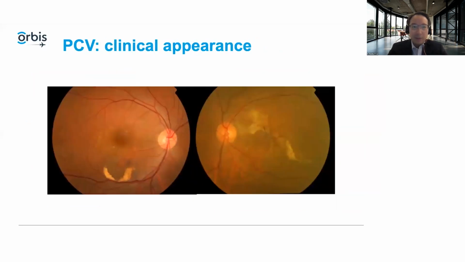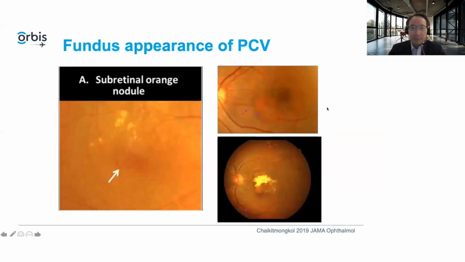This is another clinical appearance of PCV. You can see this patient's right eye has an orange polypoidal lesion with hard exudate and exudative maculopathy. The left eye already had a previous episode of subretinal hemorrhage, and therefore you get scar formation. This is taken from a very good paper from Thailand by Dr. Voraporn Chaikitmongkol.